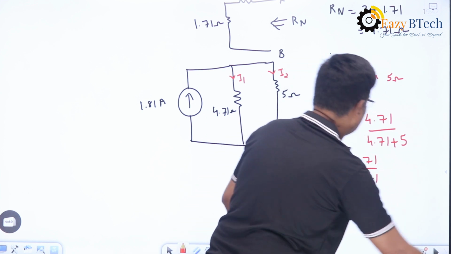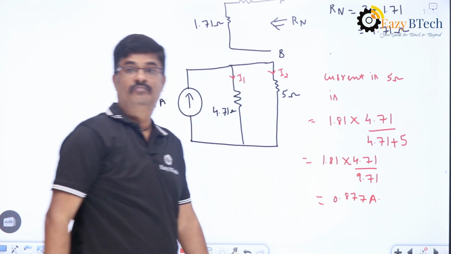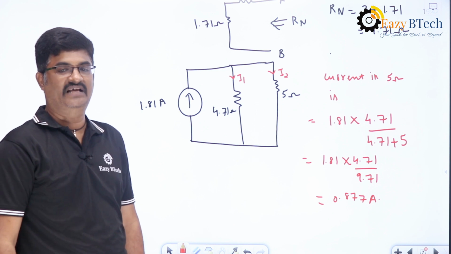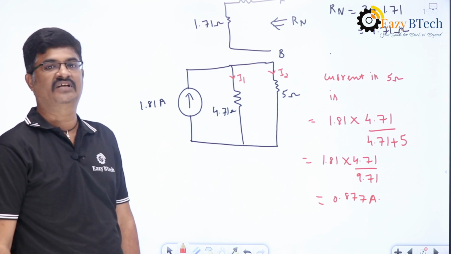This is the total current in the 5 ohm resistor by using Norton's theorem.